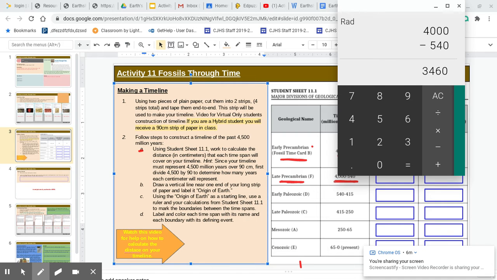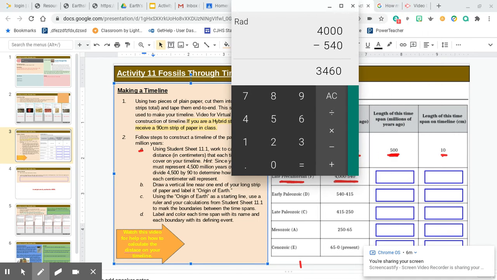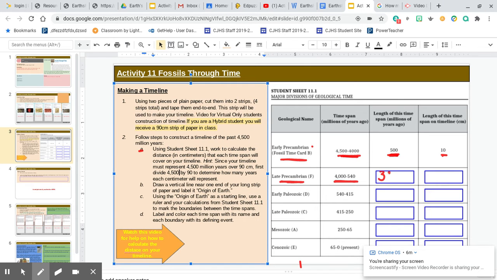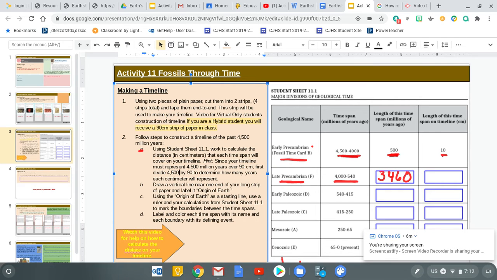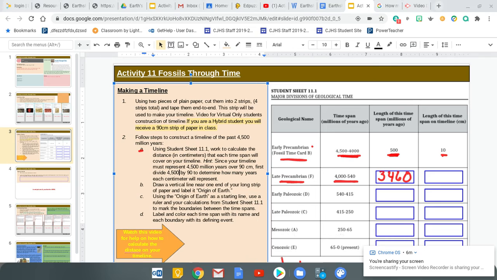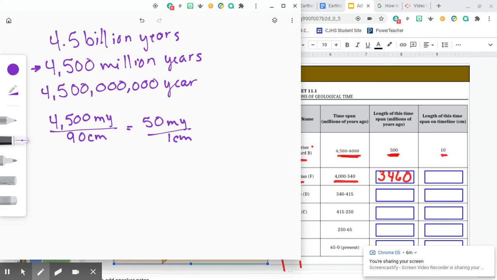So I'm going to write that here, million years. And then let's figure out how we would calculate that.